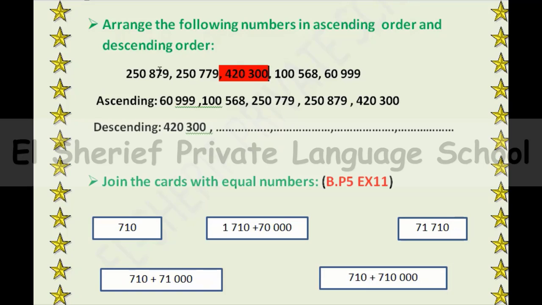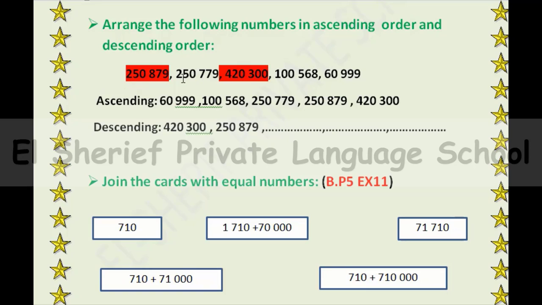So in hundreds, here we have 8, but here we have 7. So the greatest number between these numbers is 250,879.